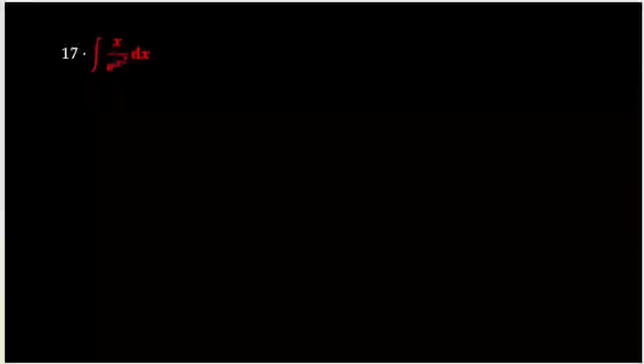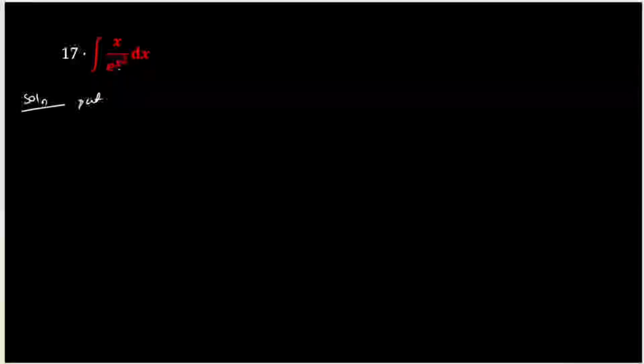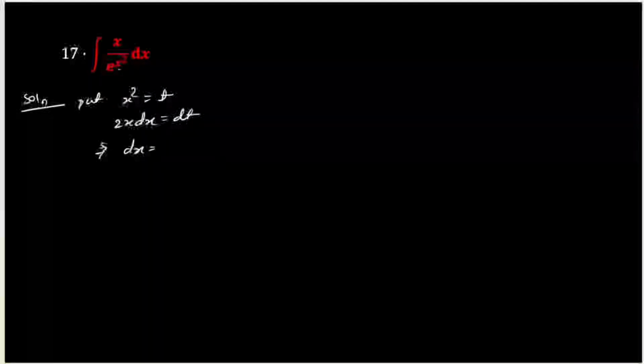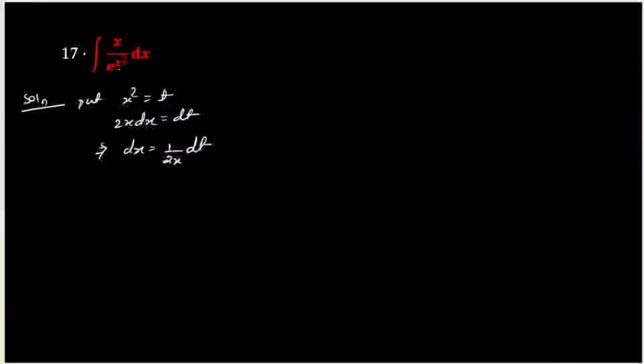The next problem is given that this integral, here we substitute, put x squared is equal to t. Okay, differentiate with respect to x, we get 2x dx equal to dt, and dx equal to dt by 2x.